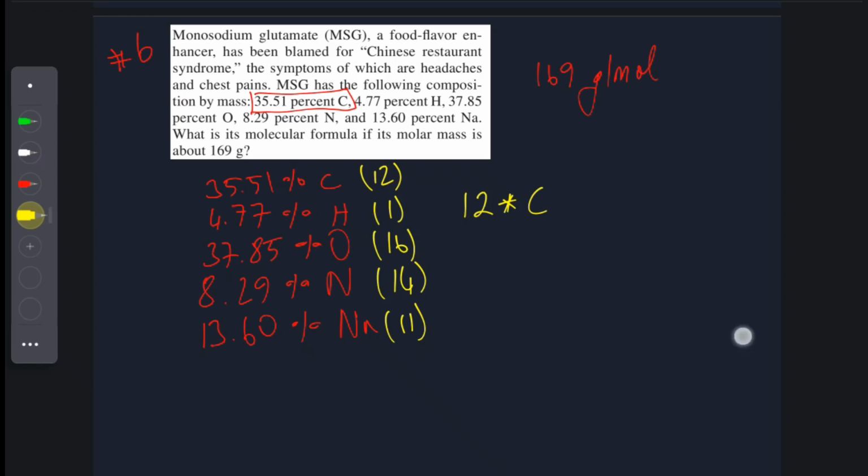So I can write an X here, and the molar mass of that molecule is 169, times 100 should be equal to 35.51.